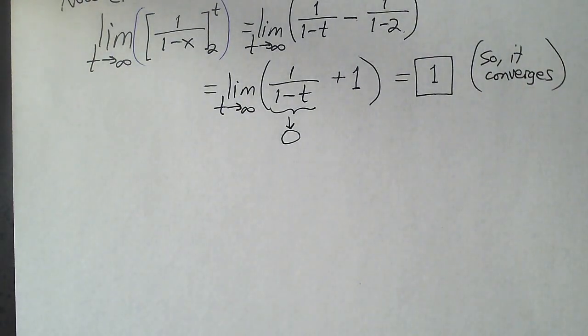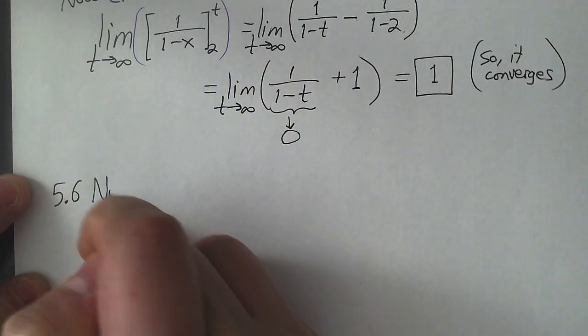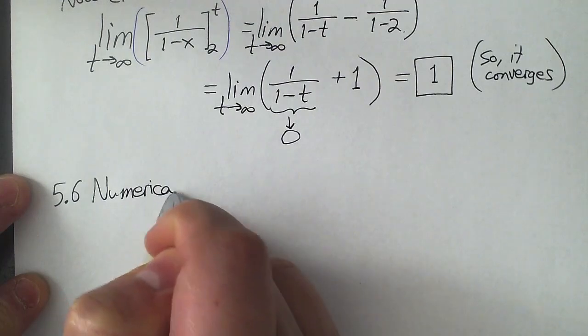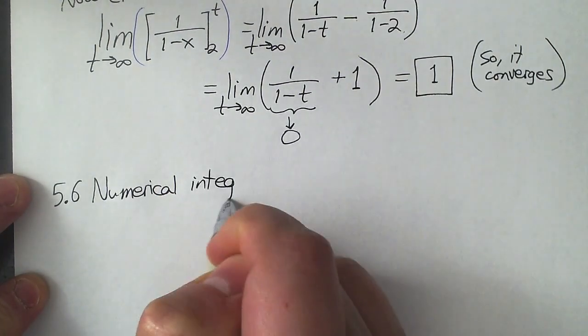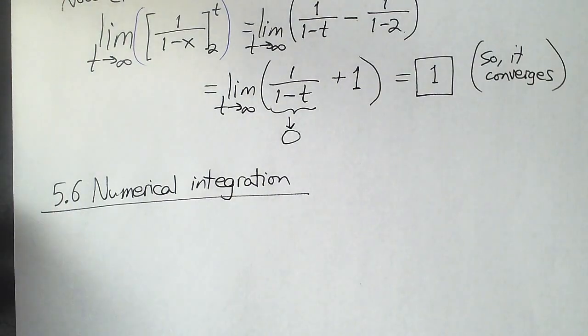So let's talk a little bit about 5.6. 5.6, numerical integration, we were estimating areas under a curve using rectangles or sometimes other shapes.